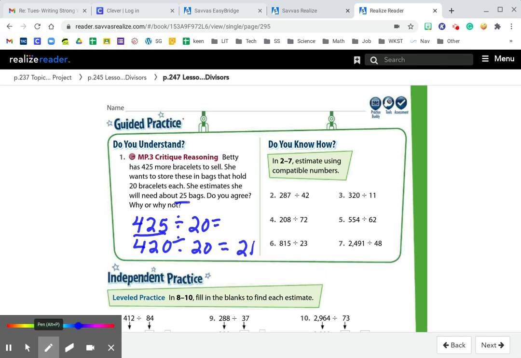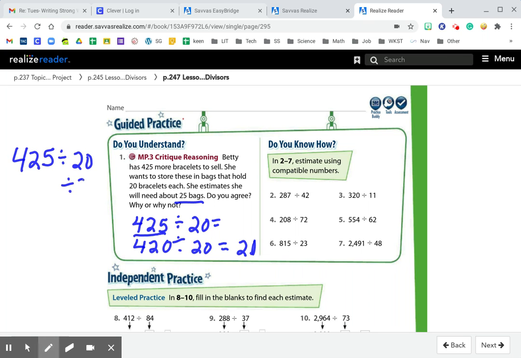So she estimates she'll need about 25 bags. Do you agree? Why or why not? So if we round down a little bit, we need 21 bags, and so that would work. We could also take 425 divided by 20, and if we round down even further, we are going to get 20 bags. So 25 bags should be fine.